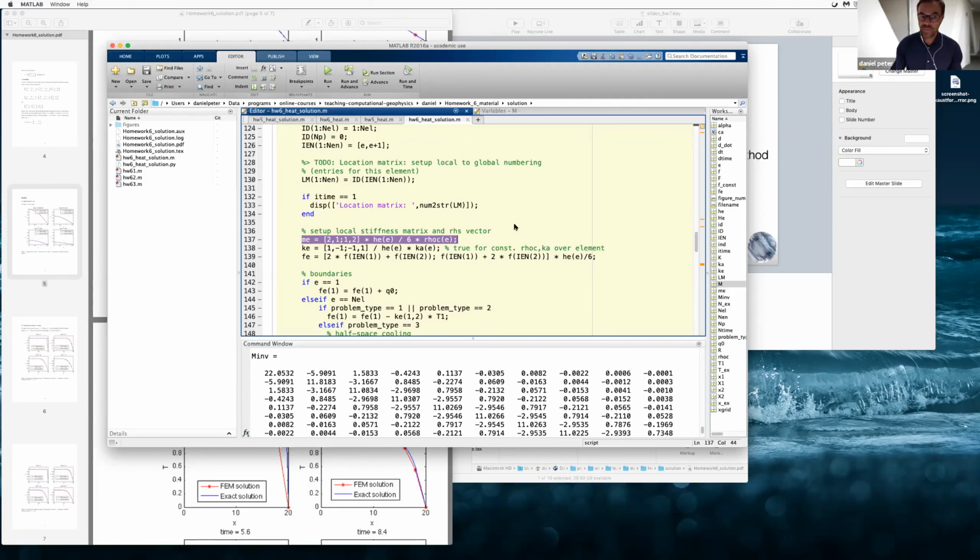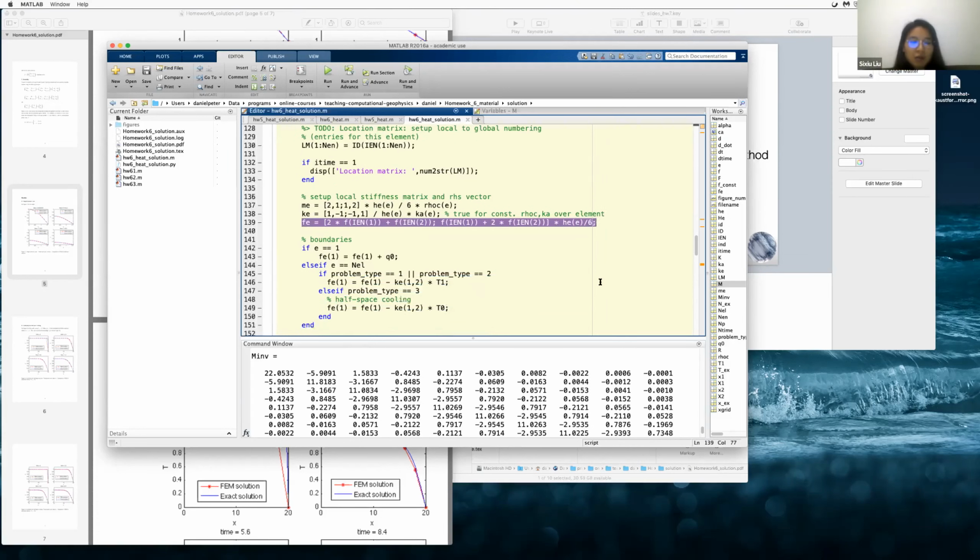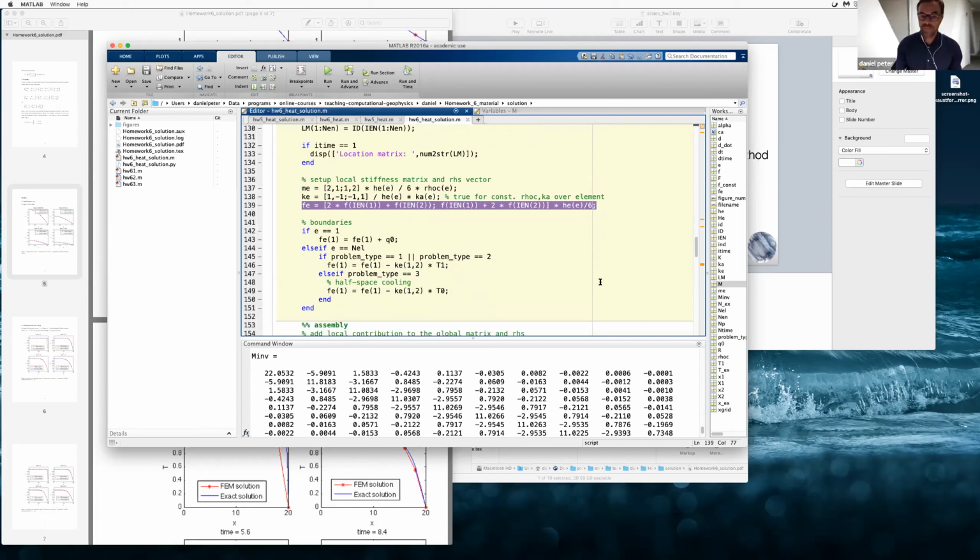Okay. And another one is about the local force vector, like the FE here. Yeah, maybe scroll down a little bit to the boundaries part. Because in the PDF file we say that if n equals 1, then we have to set values to F1 and F2.